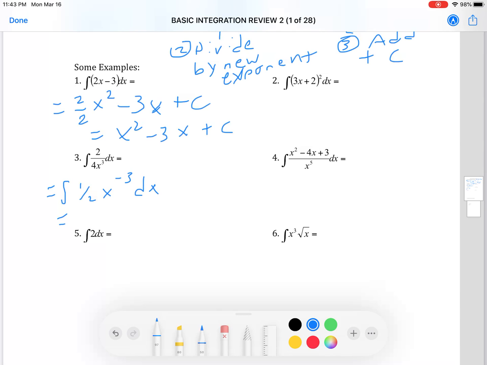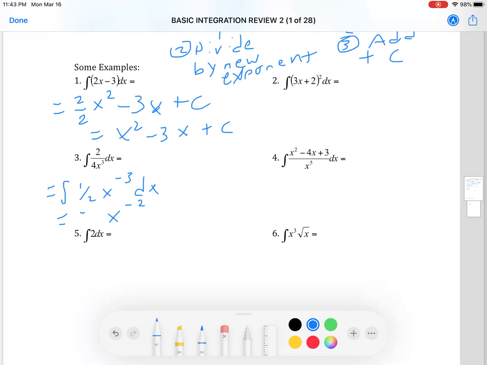So we do the same type of procedure here. We're going to add 1 to the exponent. Now remember, adding 1 to a negative number is going to get you less negative, so we have negative 2. And we could say negative 2 times what gets us to 1/2. Well, negative 2 times a quarter would get us to negative 1/2.